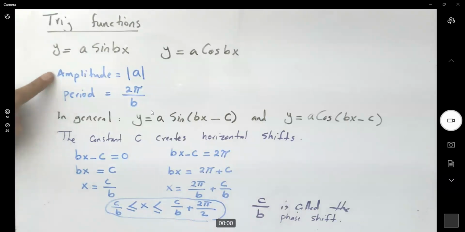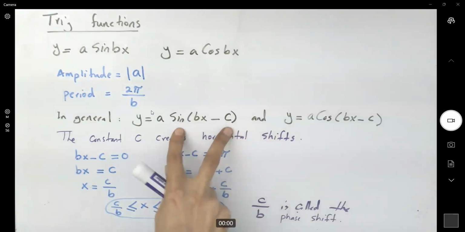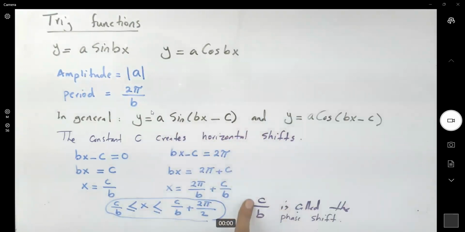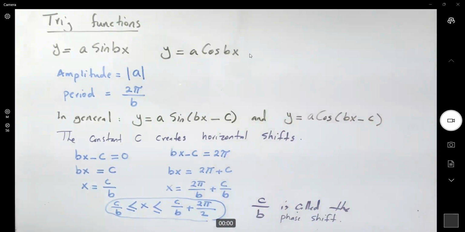So we talked about the amplitude, we talked about the period, and also if you write the function sine and cosine in more general form, you have a number c divided by b, which is called the phase shift because it shifts the graph. Okay, let's write down the summary here and go over a couple of examples.